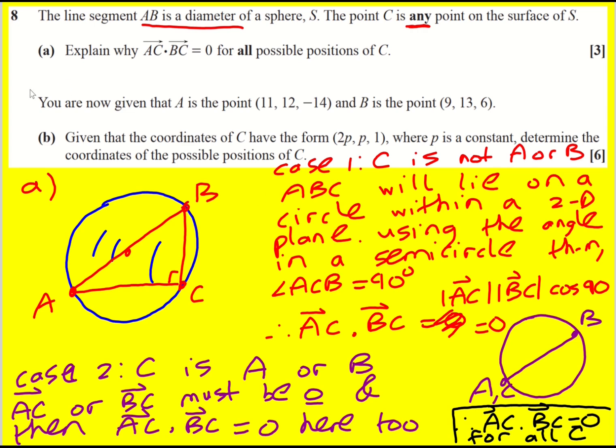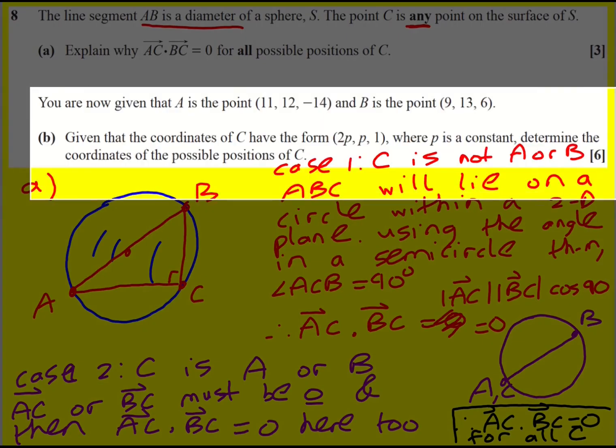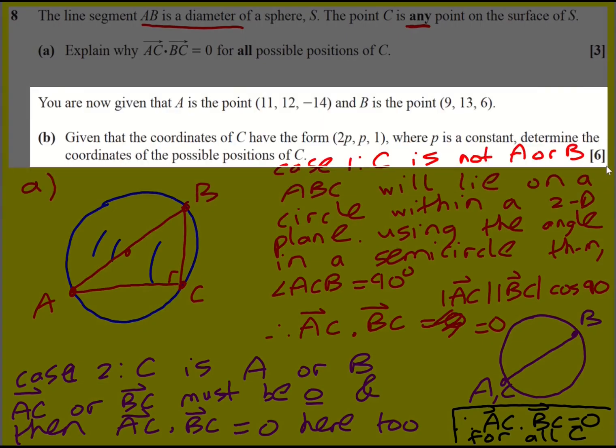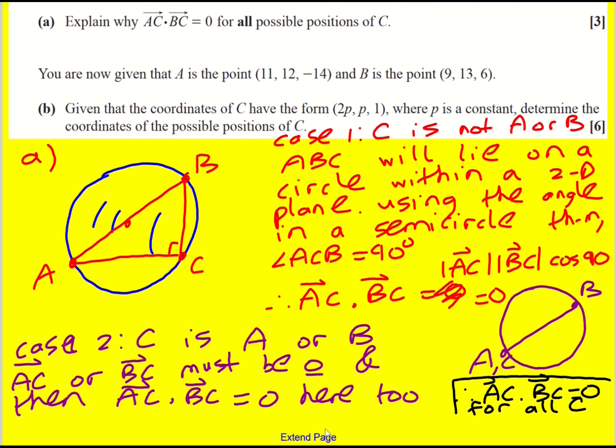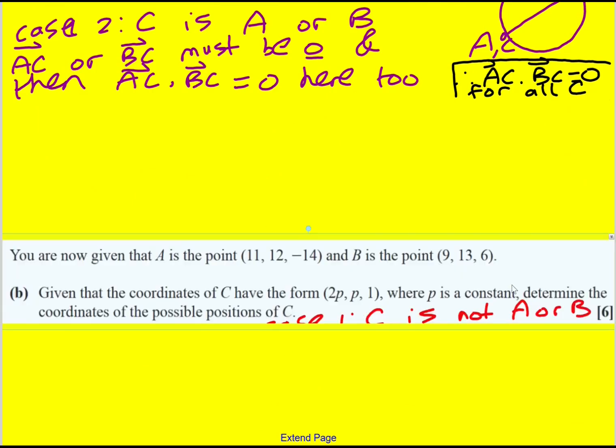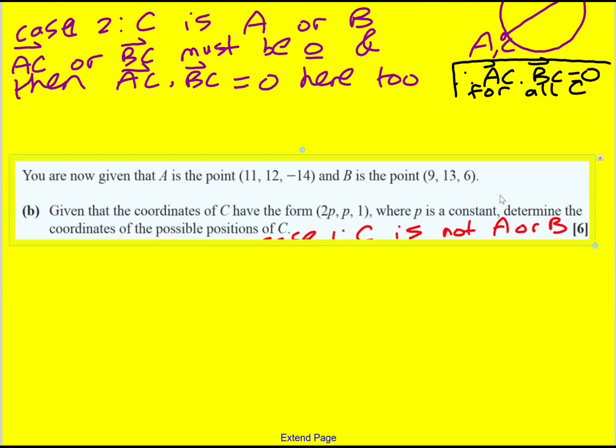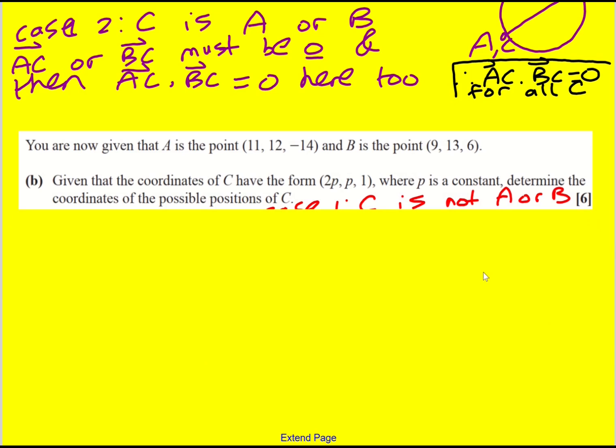Okay. Then we're now given the points A and B and C and asked to determine the possible coordinates of C. So let's draw this out.